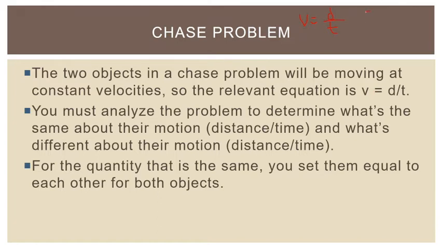So if you know that their distances are the same, then what you really want to do is manipulate that equation, v equals d over t, and solve it for the distance. And you get d equals v times t. The main idea behind solving the problem then is to take the distance equation for each object and set them equal to each other. So you'd write something like d equals d.